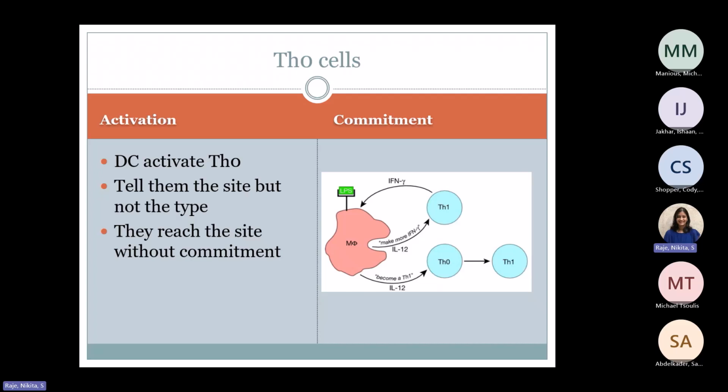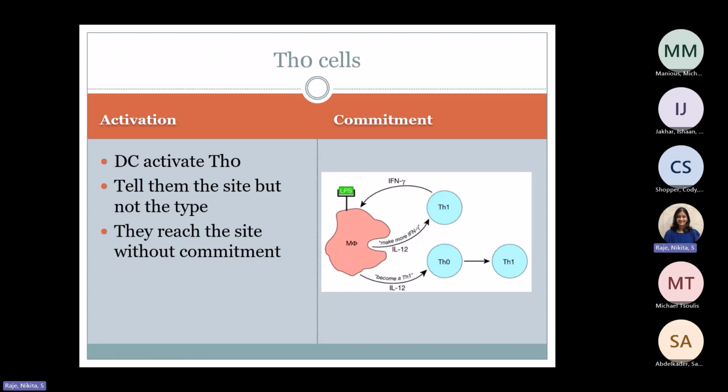When they reach that site of infection, say they find there is a lot of IL-12 in that environment, there are macrophages that are present, there is interferon gamma. In presence of that cytokine environment, these Th0 cells will become Th1 cells. However, if there was a parasitic infection and there was a lot of IL-4, these Th0 cells would then become Th2 type of subset and help in that infection.